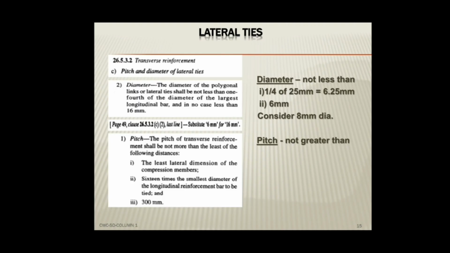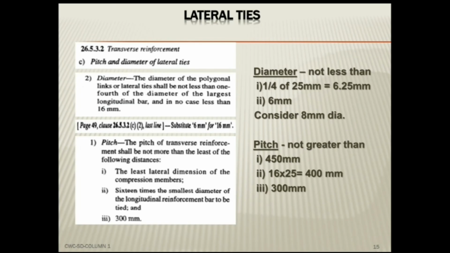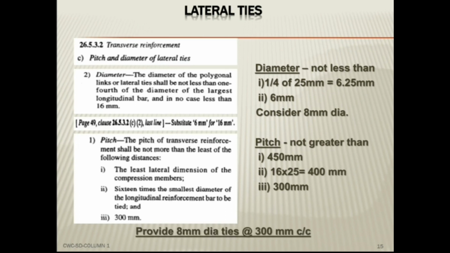So in our case, pitch should not be greater than 450 mm, 16 into 25, that is 400 mm, or 300 mm. From these three, we can consider the least one, that is 300 mm, as our spacing. So we can have lateral ties of 8 mm dia at 300 mm center to center.